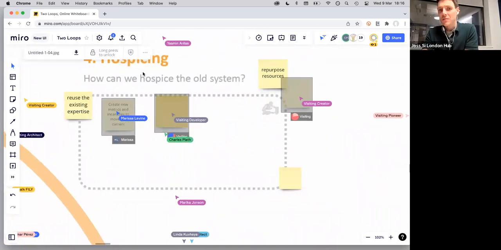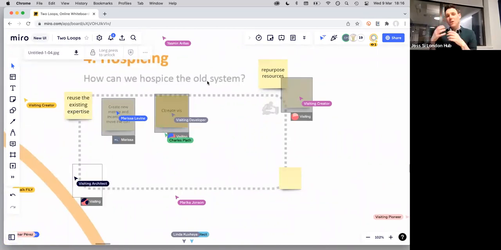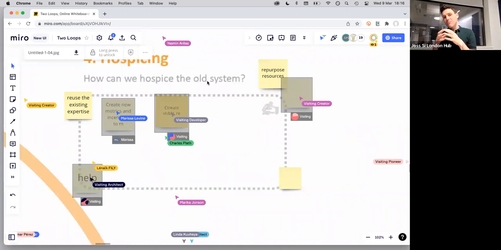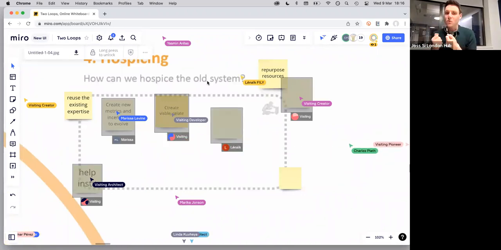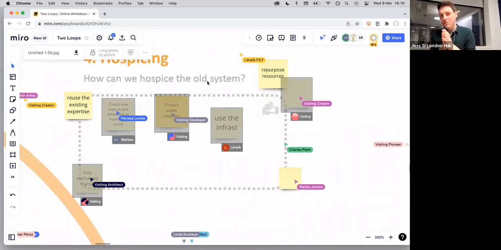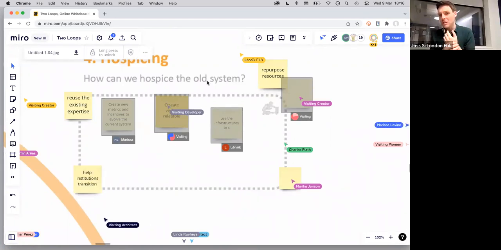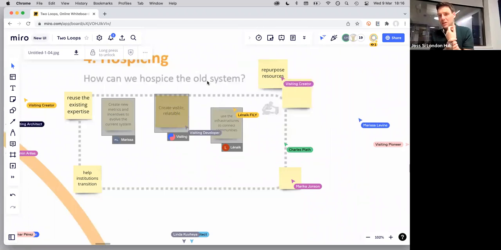So there's always a system that needs to be hospiced, it needs to be maintained to some extent, but enabled to decompose and be repurposed into the new system. The resources need to be reused. And how can we enable it? Think about all the teachers that exist in this system, and that's their livelihood. That's how they earn their living.